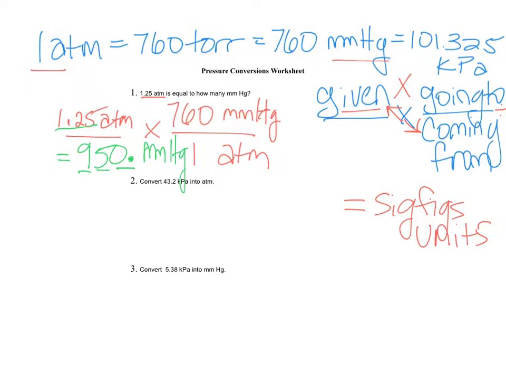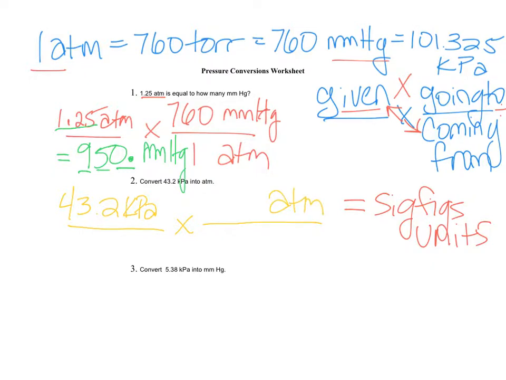All right, here we go. Number two, given, going to, coming from, we are given 43.2 kPa in the problem. Convert 43.2 kPa into ATM. I am going to ATM.